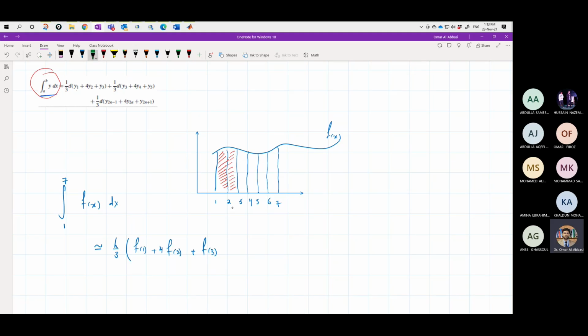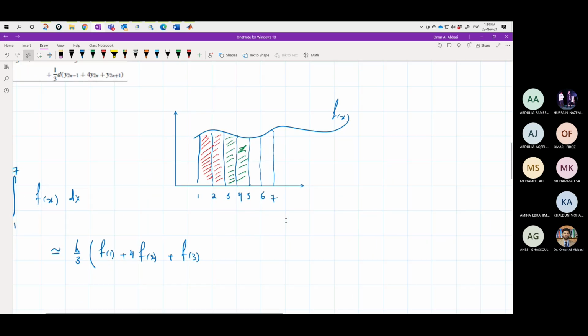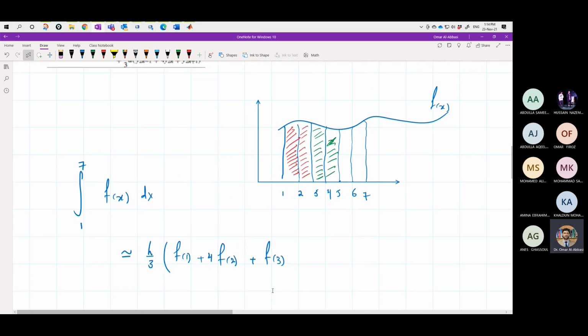Then let us move to the next 2 intervals. I think I can zoom in a little bit. So plus the function evaluated at f3, this is the start of the interval, plus 4 times the function evaluated at the mid of the intervals, 4, plus the function evaluated at the end of the intervals, 5.